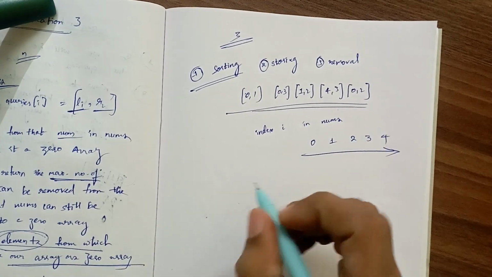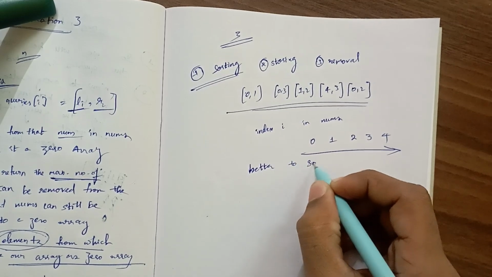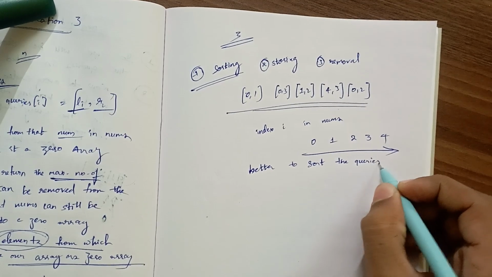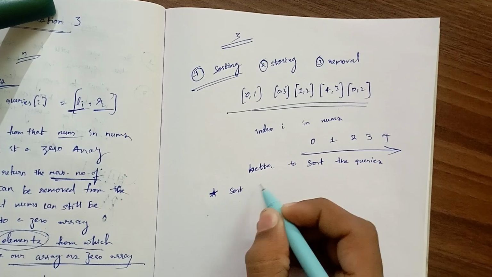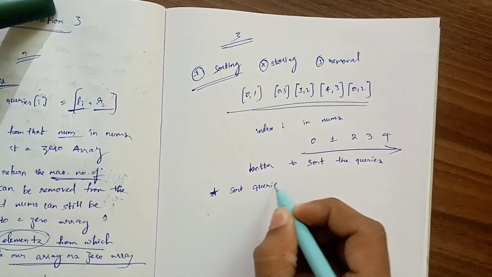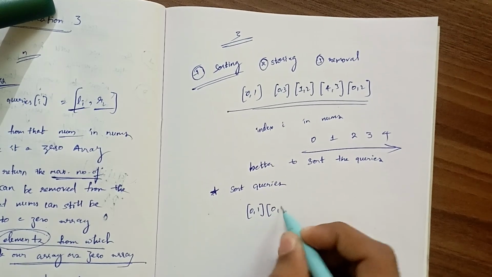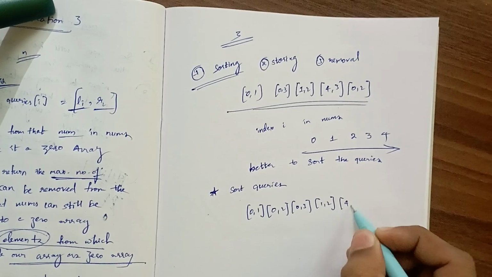So it will be better to sort the queries first. That means the first thing we are going to do is sort queries. Now we have sorted 0 1, 0 2, 0 3, 1 2 and 4 3.